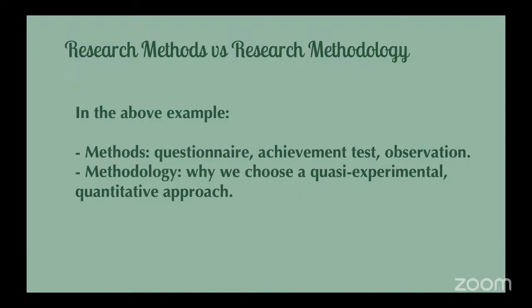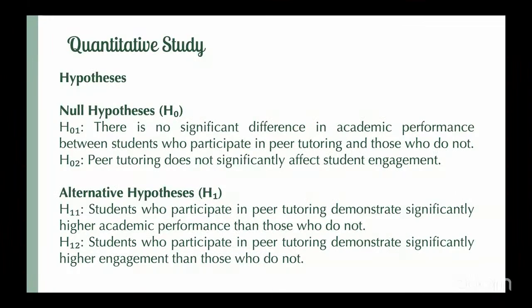Non-equivalent in the sense that if you take 10 people in experimental and 10 people in control, it is not necessary that all the 10 will have the same academic achievement in the last year. Not necessary that all the people have the same family background, right? Not necessary that socio-economic status will be the same. So there are so many things that may be non-equivalent in both the groups. That's why we usually use quasi-experimental.